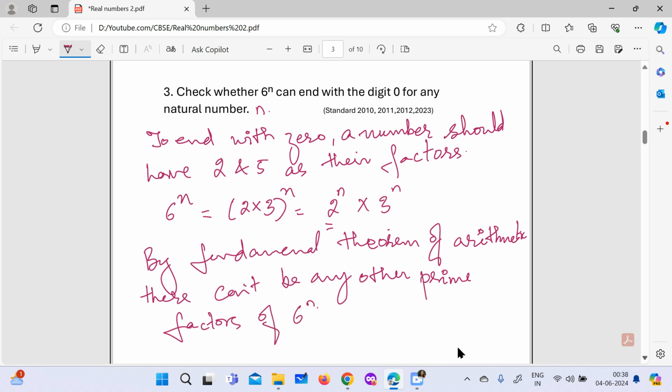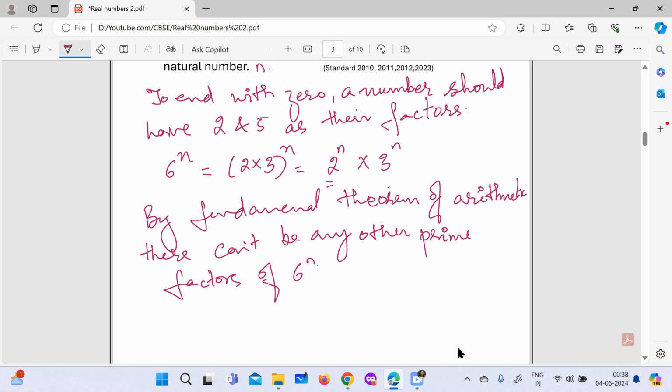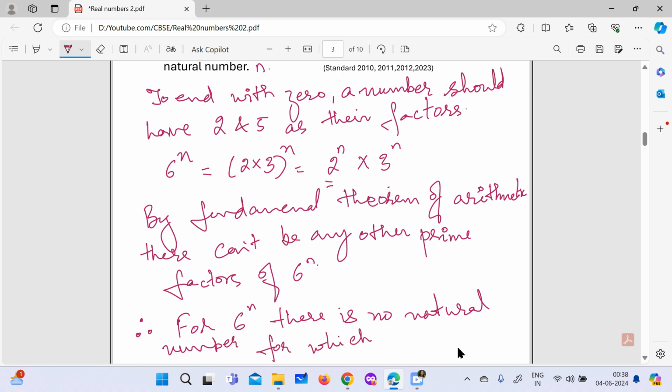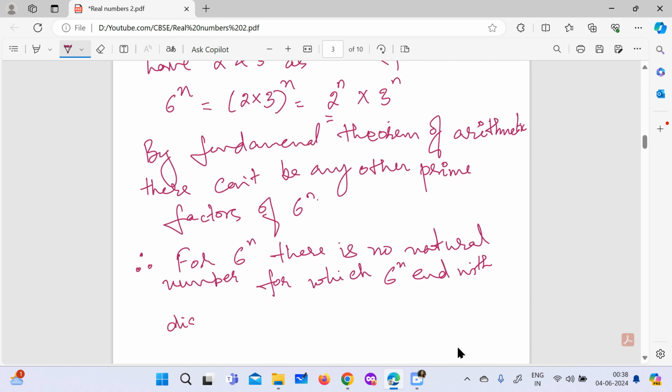So for 6 to the power of n, there is no natural number n for which 6 to the power of n ends with digit 0.